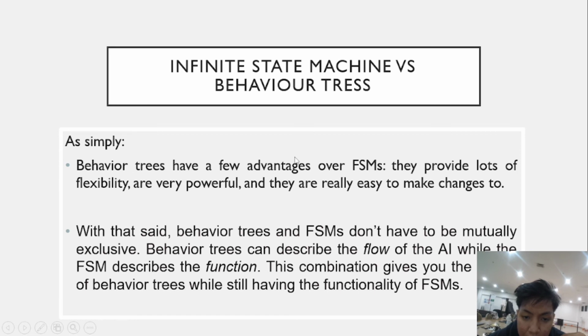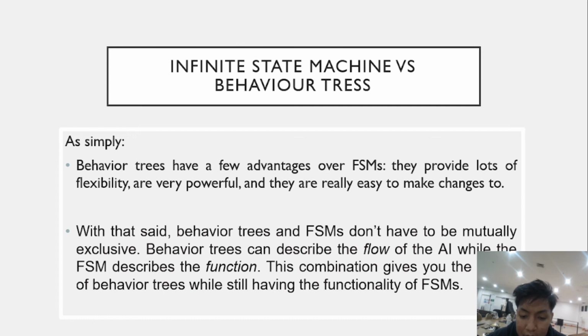In this slide, finite state machine versus behavior trees. Simply put, behavior trees have a few advantages over finite state machines. They provide lots of flexibility, are very powerful, and are really easy to make changes to. With that said, behavior trees and finite state machines don't have to be mutually exclusive.